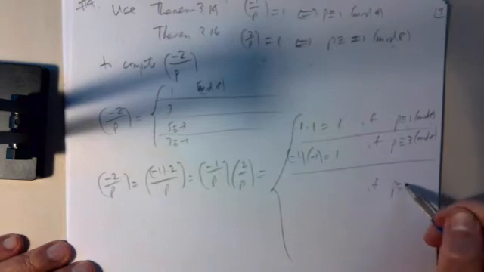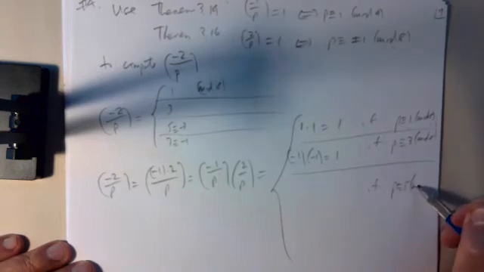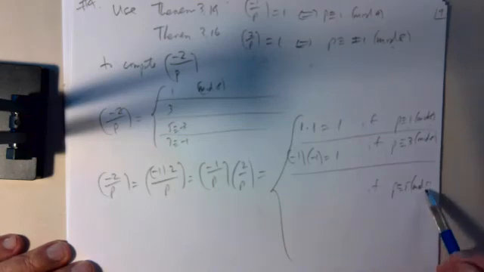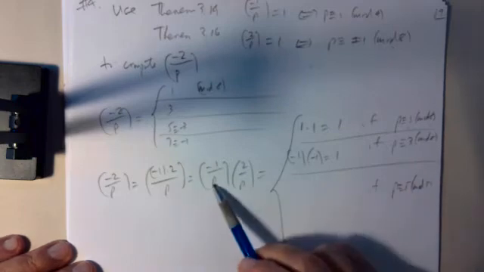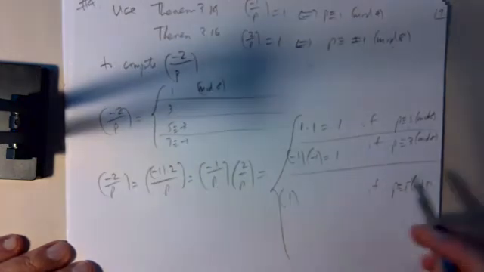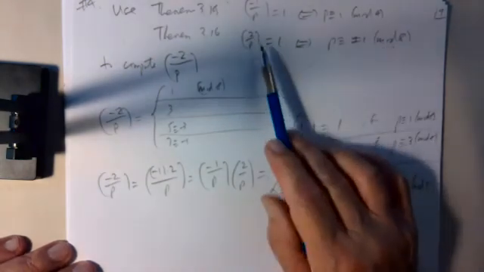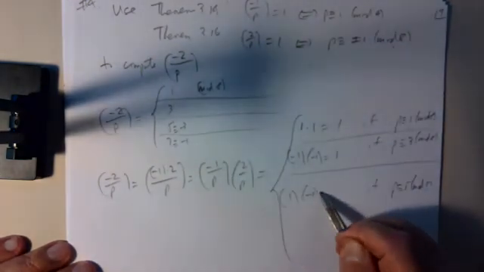What happens if p is congruent to 5 mod 8? Well, 5 mod 8 implies 1 mod 4. So this Legendre symbol is 1. And 5 mod 8, this Legendre symbol is -1.